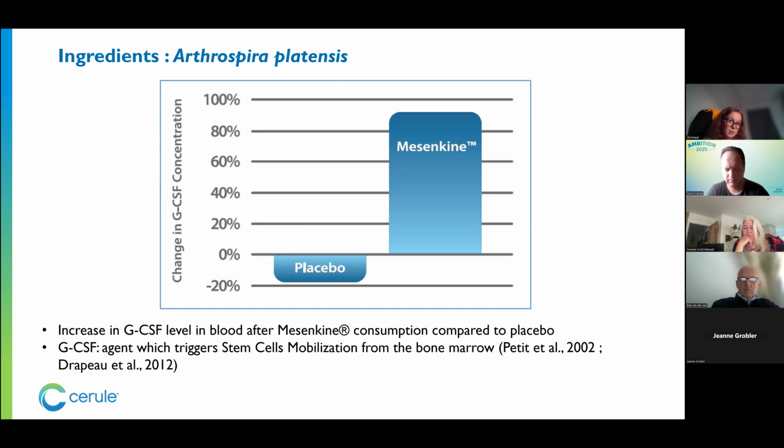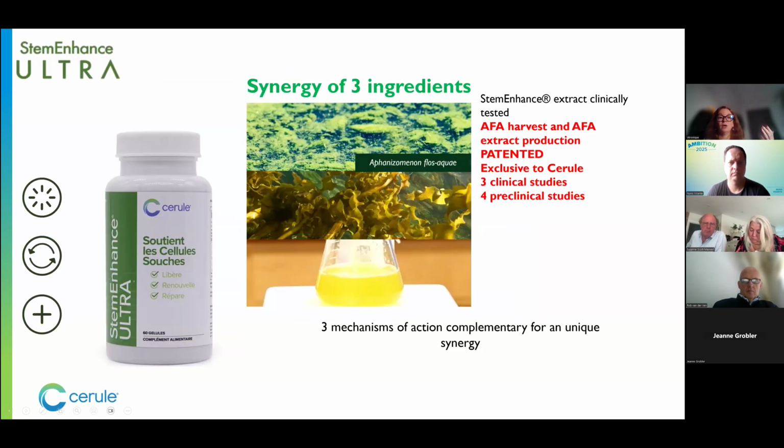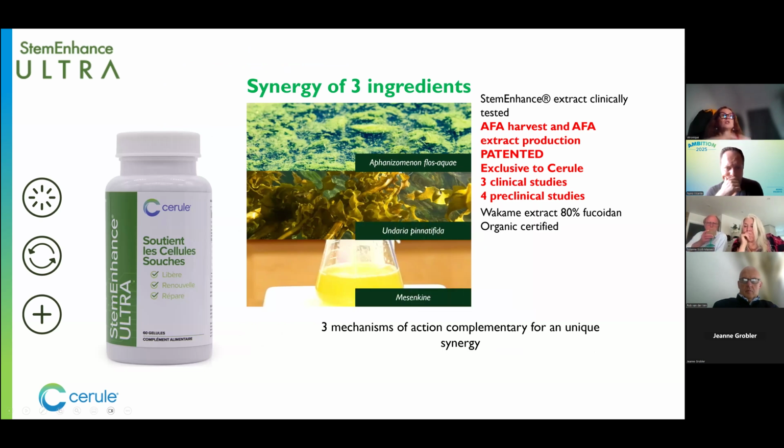So we have 3 different stem cell mobilizers with 3 different mechanisms of action: L-selectin inhibition, G-CSF signal increase, and SDF1 increase, to really promote this stem cell mobilization. And we know that this stem cell mobilization will have clinical benefits to really support cognitive function, brain health, and brain regeneration.